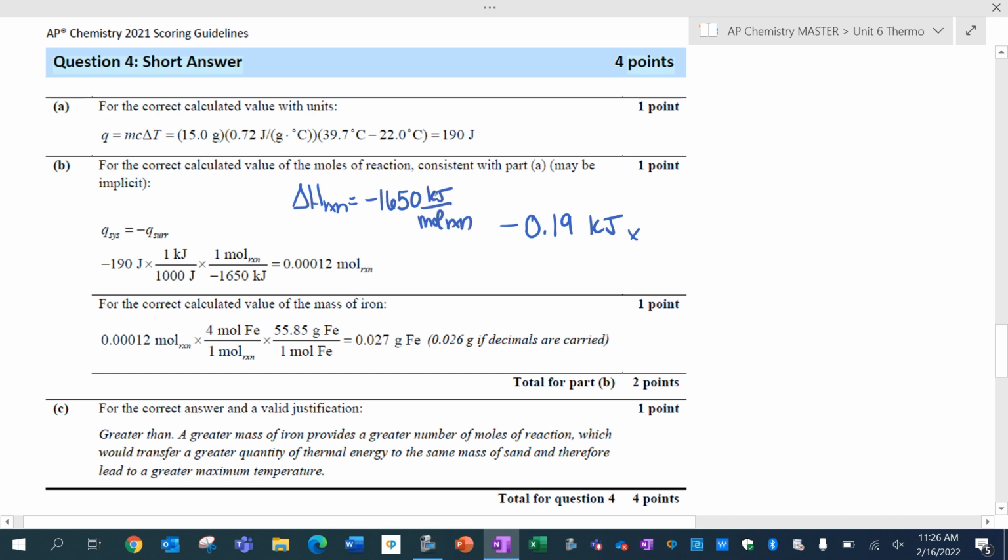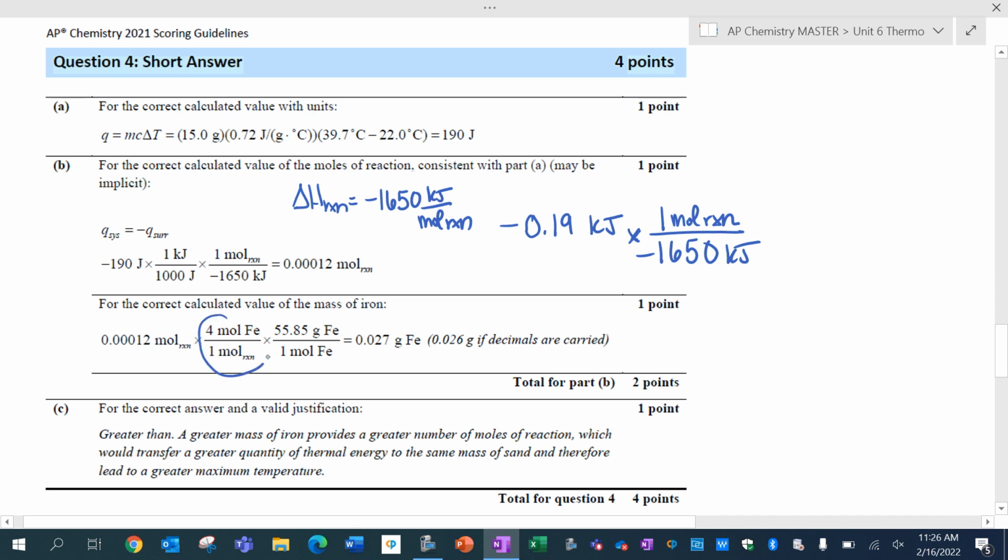That's how it was written out there. So they did that conversion first, and they said, okay, for every 1 mole of reaction, that's 1650 kilojoules of energy that's being released. So they did that step first and found moles of reaction.